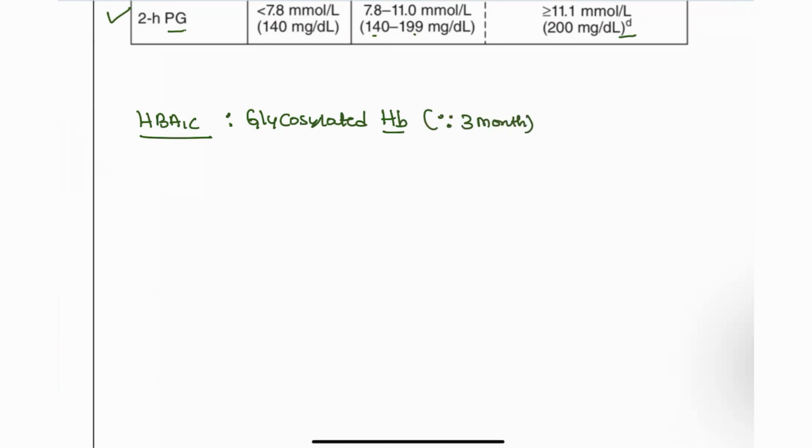So when you do the HbA1c, it gives us the values of the past 3 months. This glycosylated hemoglobin involves the beta chain of hemoglobin. So it is best to check whether patients have been controlling in the past, and it can be used for prevention and also for diagnosis.